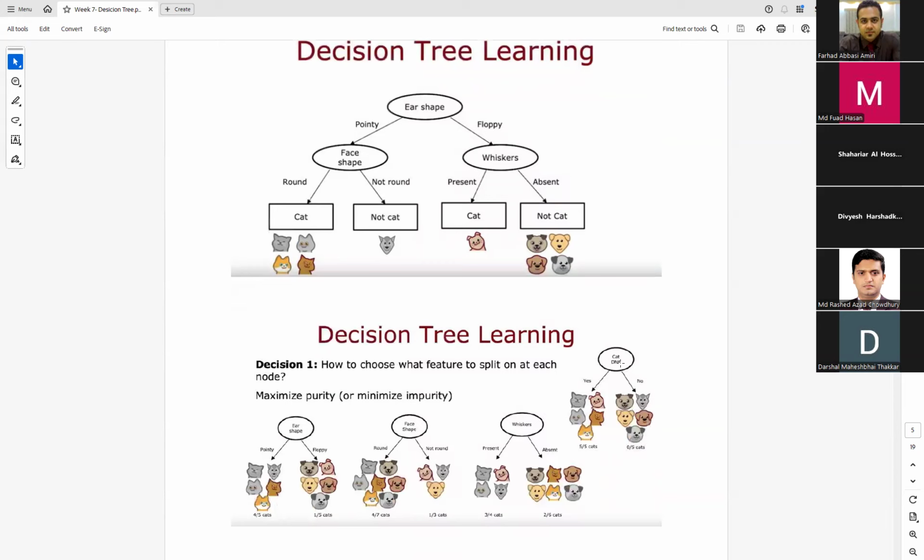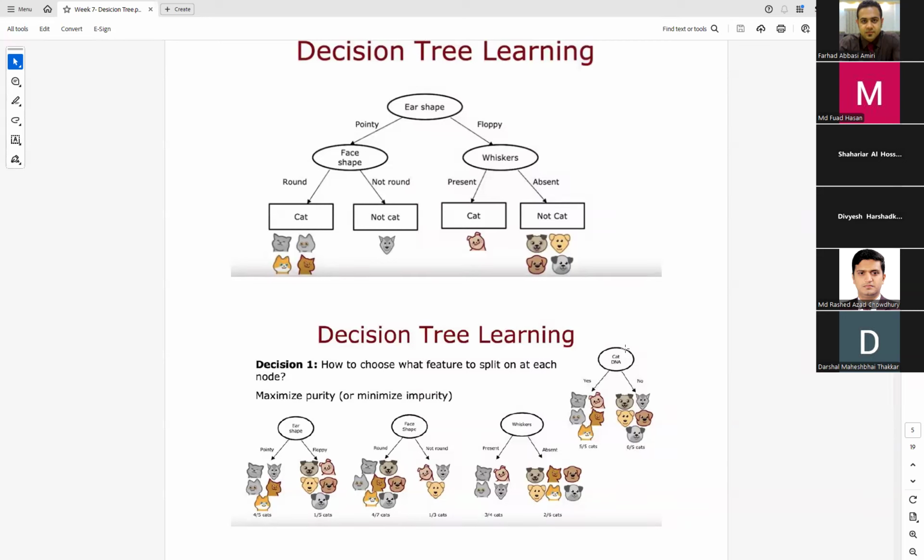For example, if one of the feature is the cat DNA, we don't have this feature here, but let's say that the cat DNA is a feature that I'm gonna split the data on. And we know that DNA is something that is very accurate. If you have DNA of something or an animal or a human being, for sure, 100% you can say that this animal is dog or cat, right?